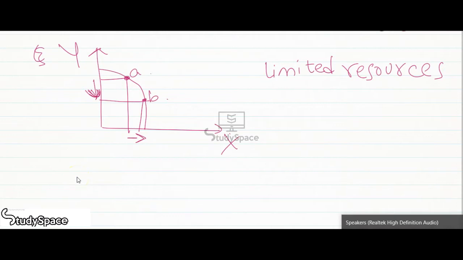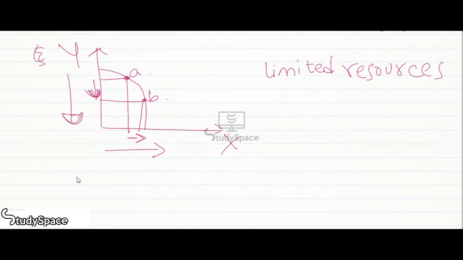If I want to increase the production of good X, I will have to reduce the production of good Y. This is the basic concept of scarcity that we have already discussed in previous videos, and scarcity forces this curve to be downward sloping.